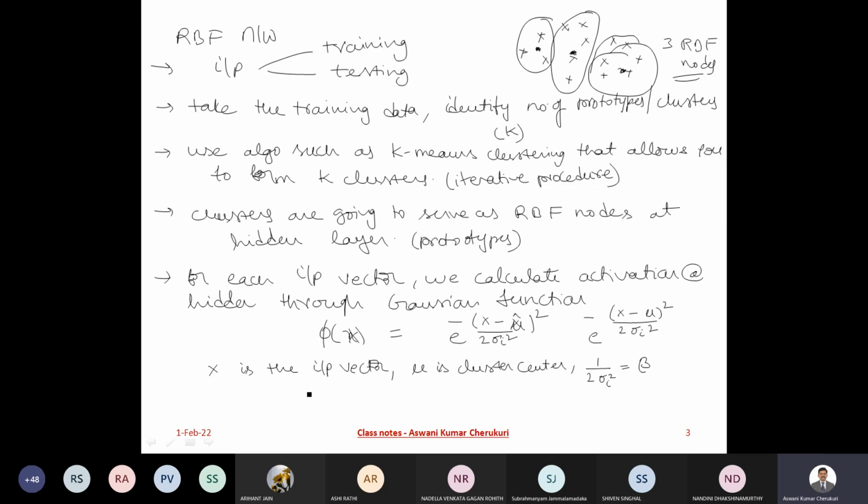Then psi of x is equal to e power minus beta into x minus mu square. Now, what is this beta term, 1 by 2 sigma i square? The beta is the term that defines the height of your Gaussian function. We will see what this height of the Gaussian function is.